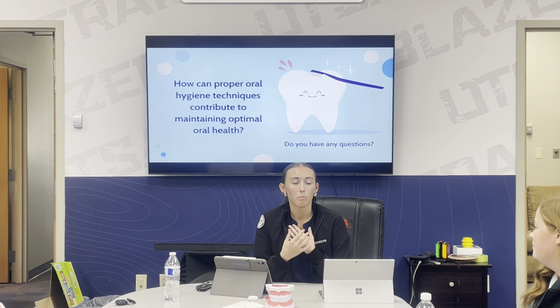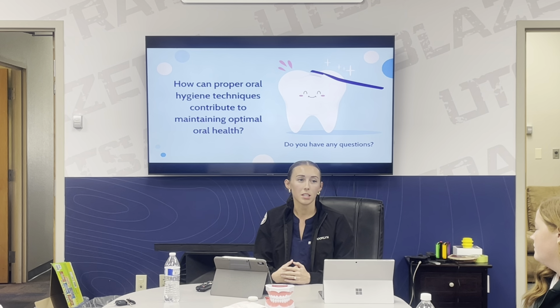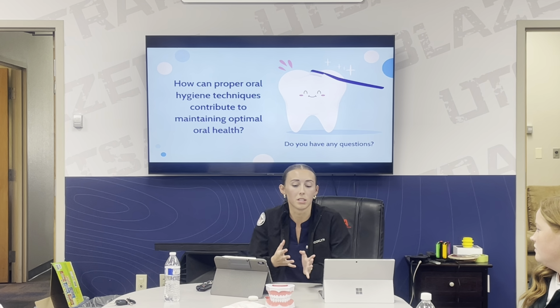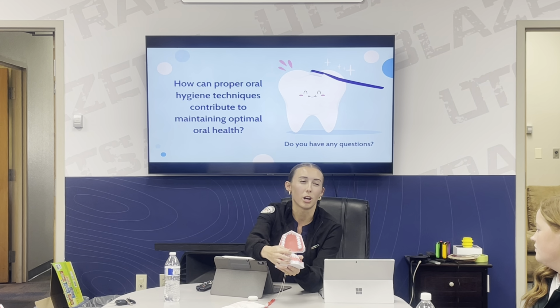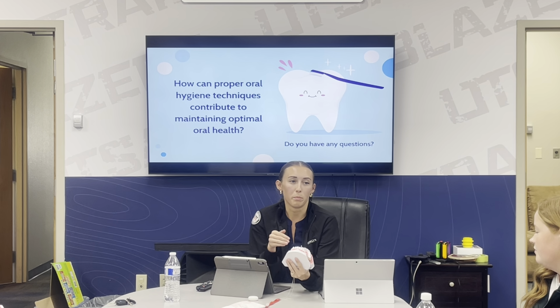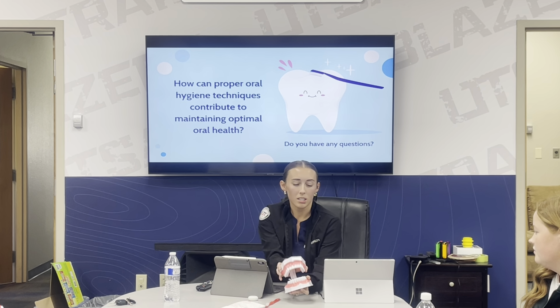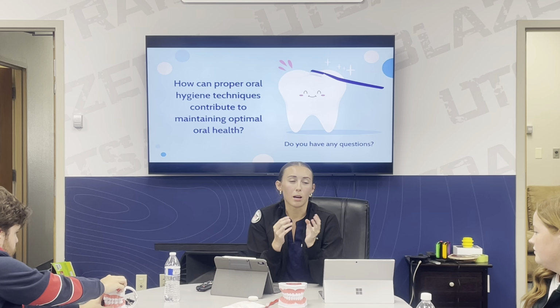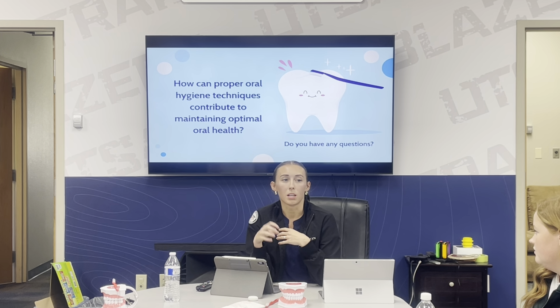I think flossing is more to prevent perio and gingivitis than it is to prevent cavities, because the only area that floss helps with cavities is right where the teeth are touching. Everywhere else is about maintaining your gums and your bone health. But cavities, like I said earlier, once they start, no matter how much you brush and floss, you're not going to be able to stop those cavities from getting worse.